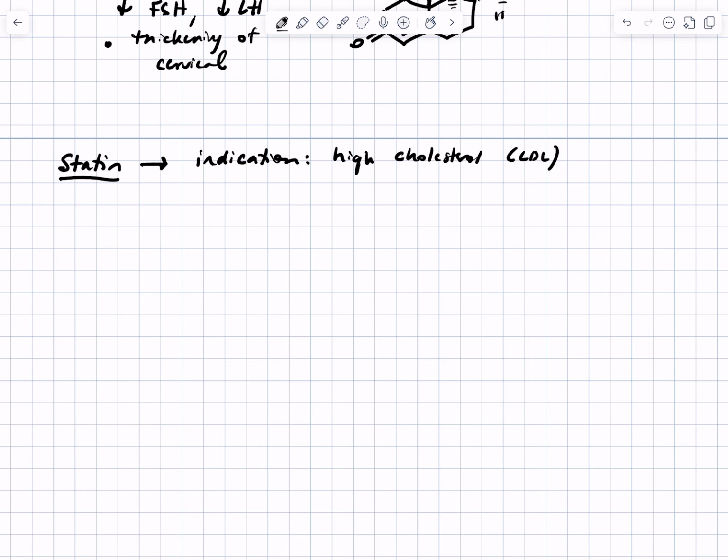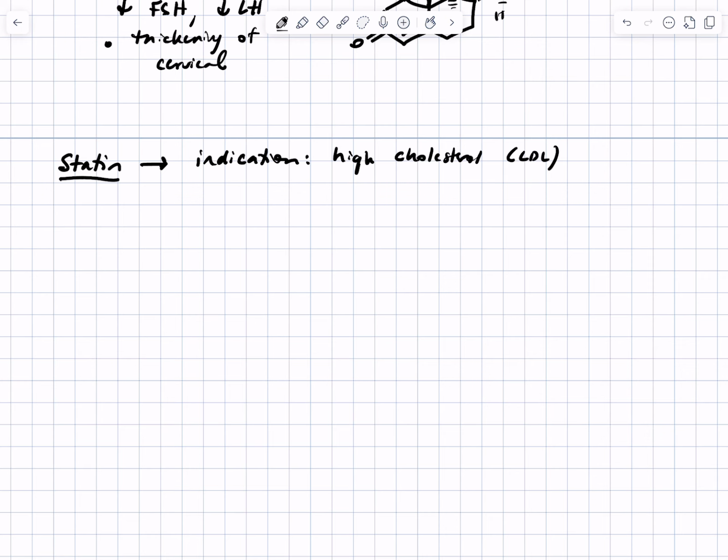And LDL deposits cholesterol in tissues, whereas HDL picks up cholesterol from tissues, takes it to the liver, and it can be metabolized and gotten rid of there. So LDL is the bad kind, and statin drugs lower LDL. And this is, again, the most prescribed drug in the United States.